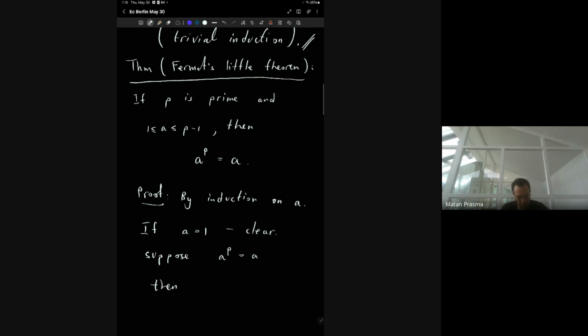Then (A plus 1) to the P is equal to A to the P plus 1 to the P by the freshman lemma.